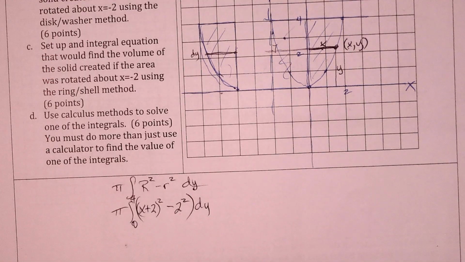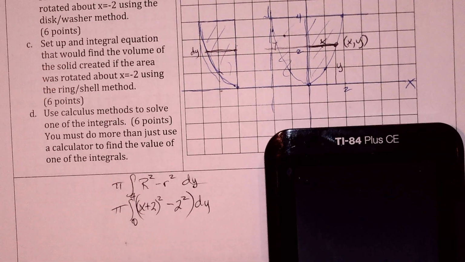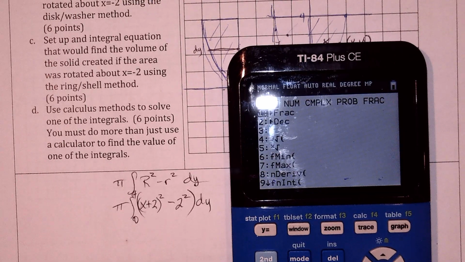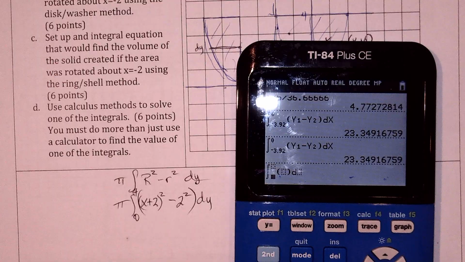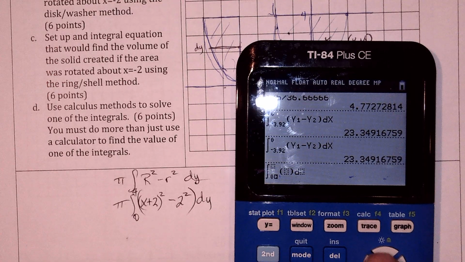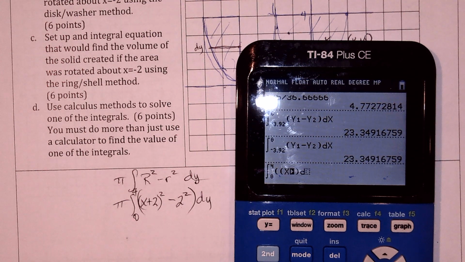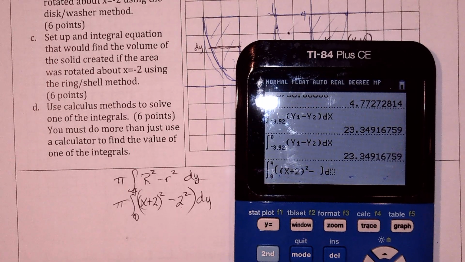Now, if I type that into my calculator, I'll get what this one says should be. So I've got math 9 from 0 to 4 of, and I got a parenthesis x plus 2 close parenthesis squared minus 2 squared, 4 dx, no, dy, oh, dy, so I've got a problem here.